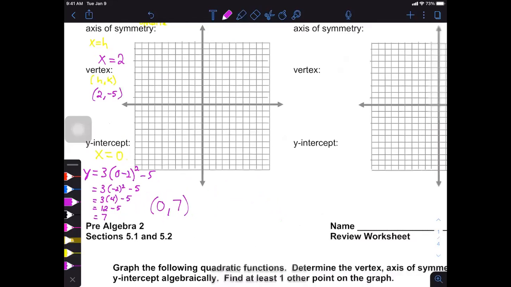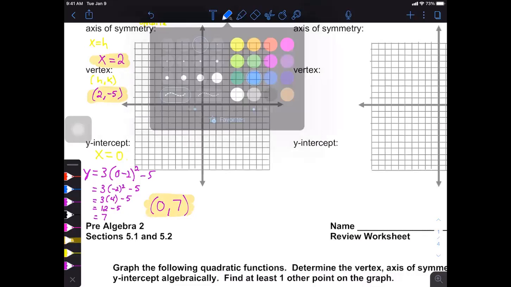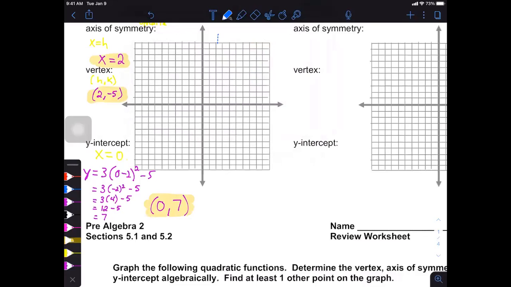So these are the pieces of information you have. We have (0, 7), (2, -5), and x equals 2. This is just a review of what we've been doing already. Once you get this, you're going to get your dashed line. I'm going to go to 2 and put a dashed line on 2.